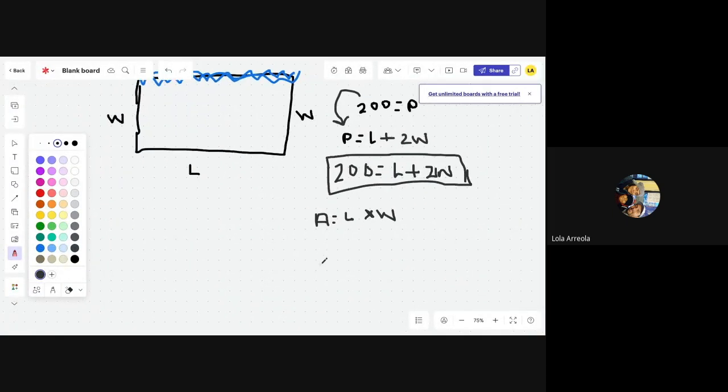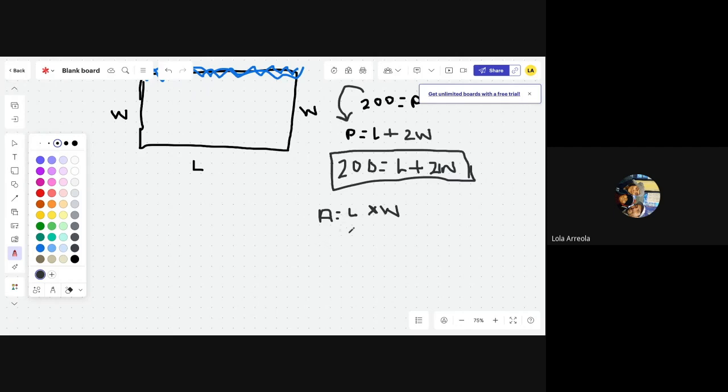So what that means is they want to replace the L. Instead of area equals length times width, when it says as a function of width, they basically want area in terms of W. So how can I change L so that in this equation there's only the variable W?